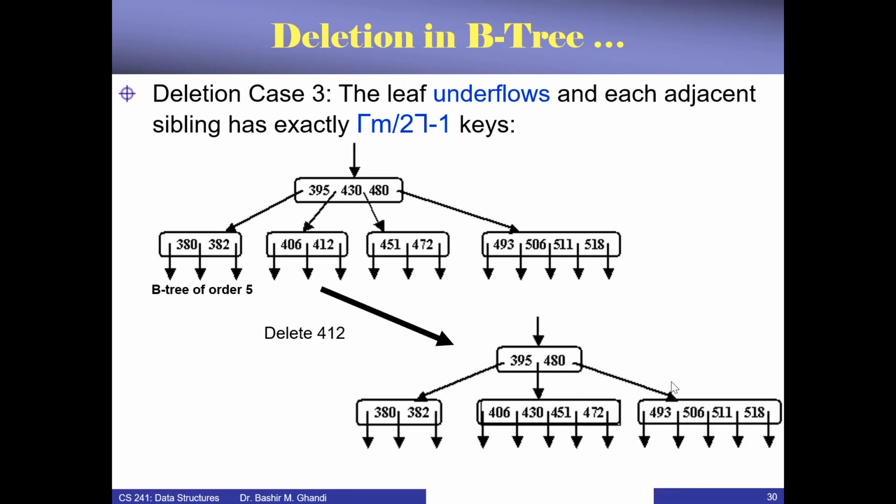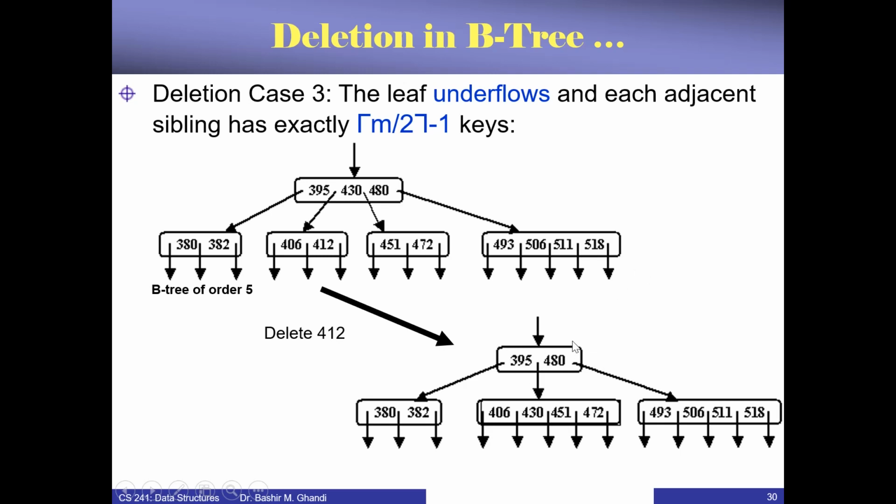So this is the situation if we do the merging with the right. As you can see, the merge node has the remaining element after deleting 412, so we have 406, the common parent 430, and then the two elements from the right, 451, 472. Notice the parent, in this case we are lucky, it still has the minimum, so no more merge is needed.